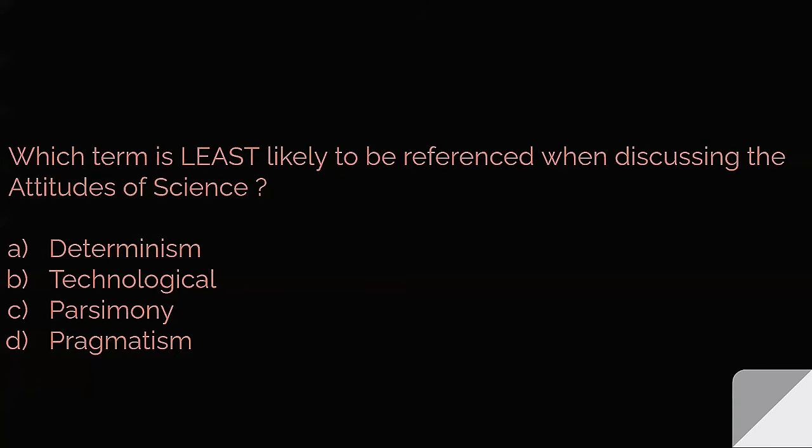Determinism, one thing causes another. Parsimony, the least assumptions is generally correct. And pragmatism is about, does it work? If it worked, then that's good enough for me. That's the idea. Anyway, B is the answer here. That is not an attitude of science.